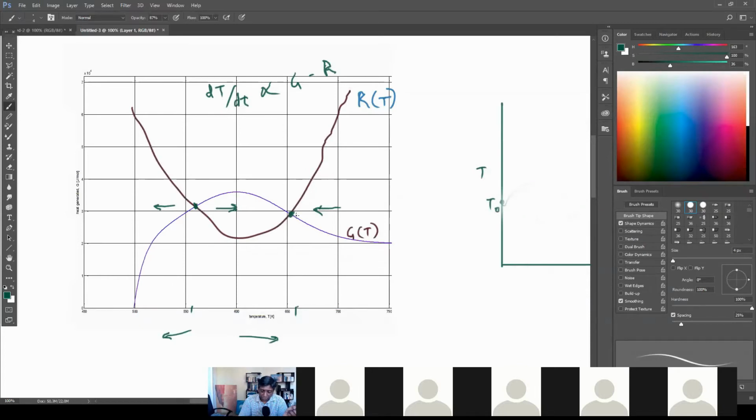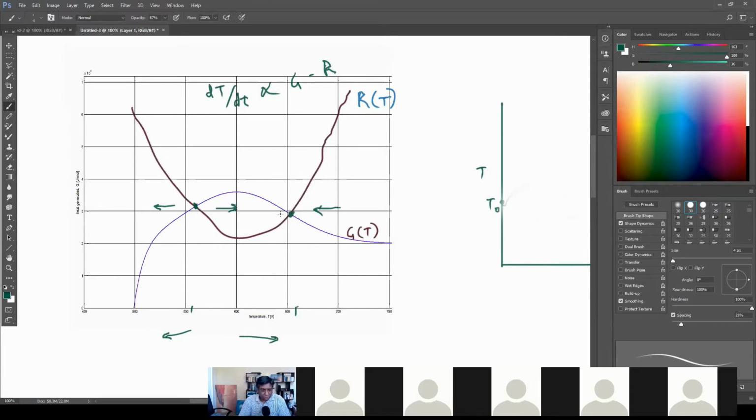So even if you have a disturbance that caused the temperature to rise, the system would fall back to that point. And conversely, if the temperature dropped, and again, it might be the temperature just went low on the day or something like that, then again your generation rate would rise and your removal rate would drop. The net result being that your temperature tends to rise, so it will rise back to that point. So you see here, this is a nice stable steady state.